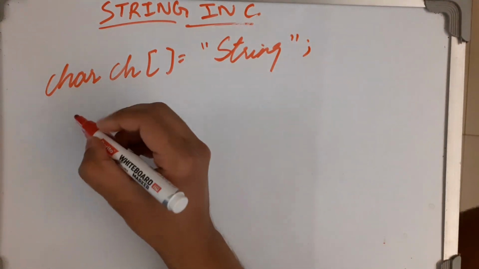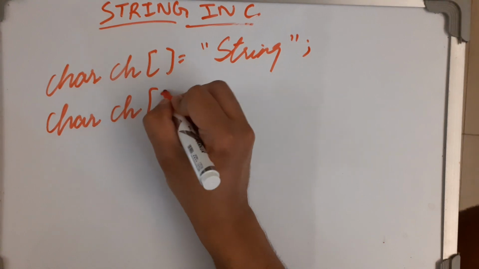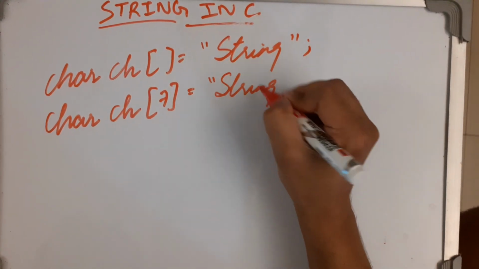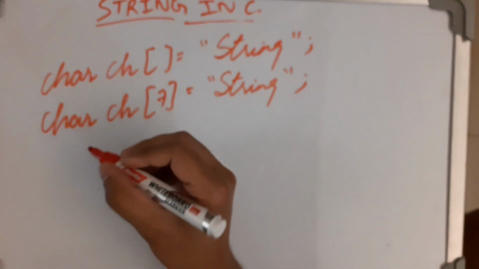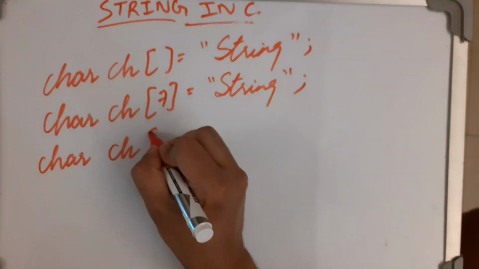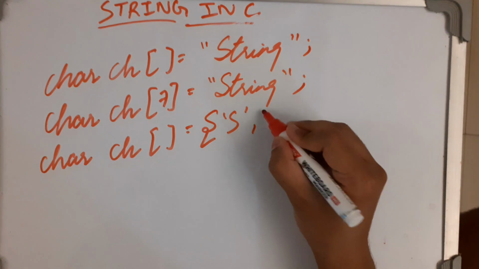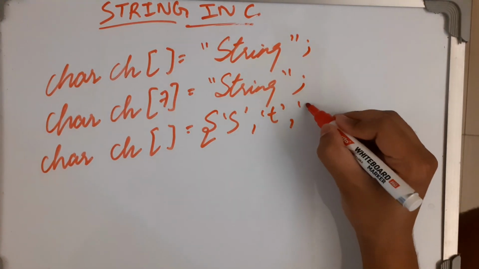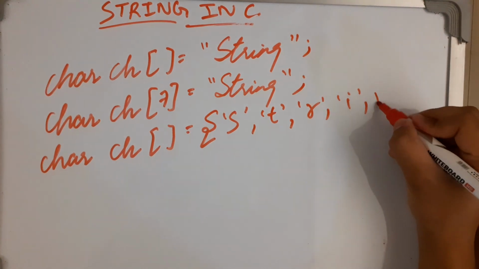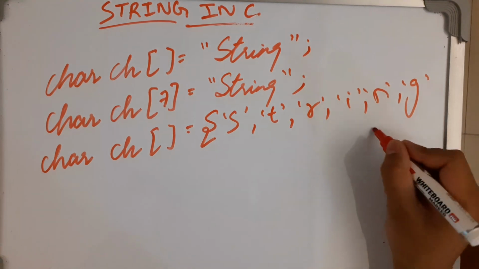Now let us talk about the second one. You can define size also: char ch[7] equals to string. After this you can store like this also, char ch, it's an array, so you can store like this: s, t, r, i, n and then g, and after that backslash 0.